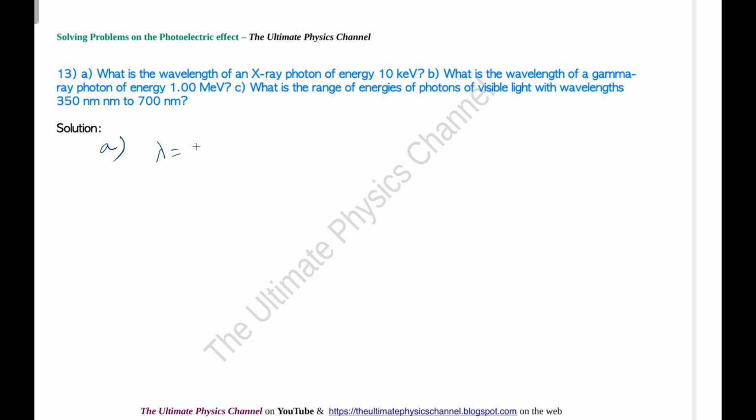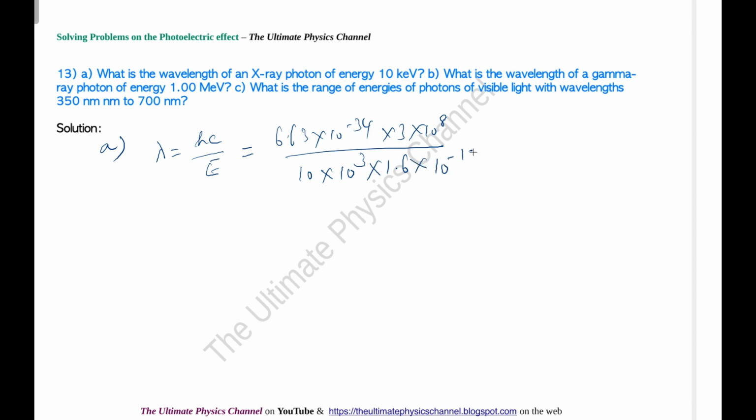Whose wavelength lambda is equal to hc over E. And if you substitute the numbers like 6.63 into 10 power minus 34 for h and 3 into 10 power 8 for c, and then the given energy is 10 keV, so I say 10 into 10 power 3 for the kilo electron volts, times in conversion to joule units, I do 1.6 into 10 power minus 19 here.